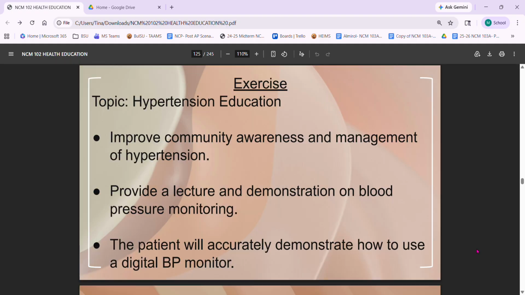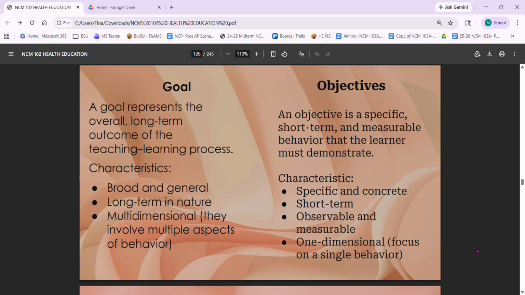Now, I want you to note this 3, okay, objective, and ang topic daw dito ay hypertension education. So, I want you to identify sino dito ang educational, instructional, at behavioral objective. Okay? So, I will ask this during our face-to-face meeting.